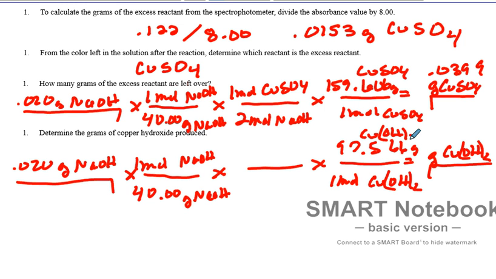Now remember, our balanced equation said there's a 1 in front of the copper hydroxide and a 2 in front of the sodium hydroxide. So now I'm going to take 0.02 divided by 40 divided by 2 times 97.566, and we're going to get an answer of 0.0244 grams of copper hydroxide produced. And that is our simulated limiting reactant stoichiometry lab.